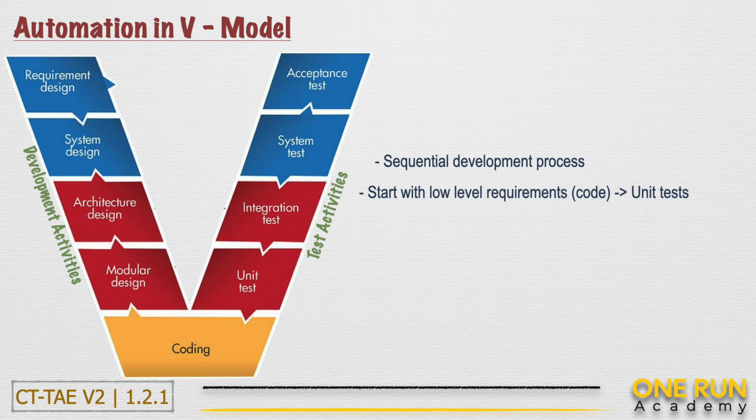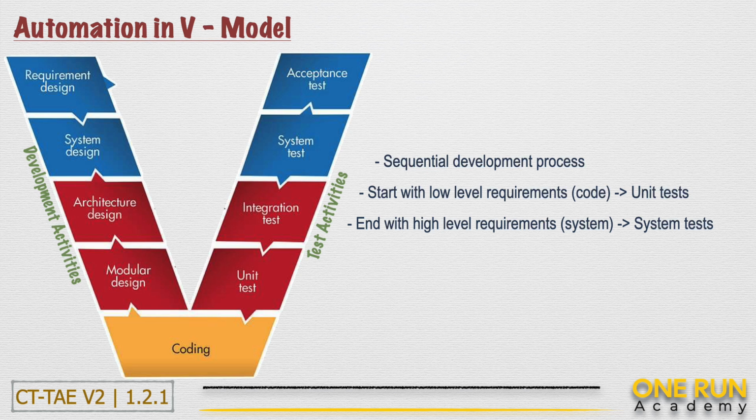Here, automation can step in early with unit testing. Climb up the V, this is where we meet the high level requirements, which describe how the entire system should behave and function. And at this stage, we automate system level tests to verify that all the pieces work together as intended.